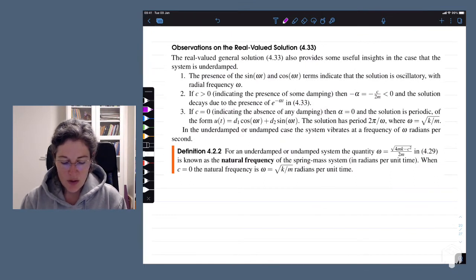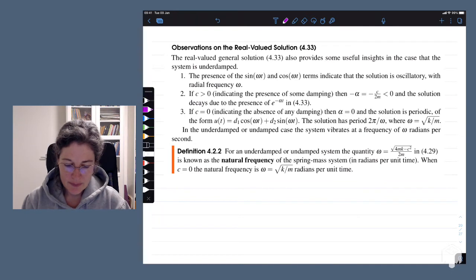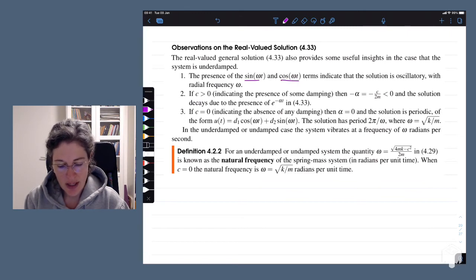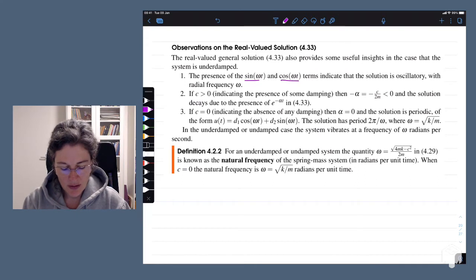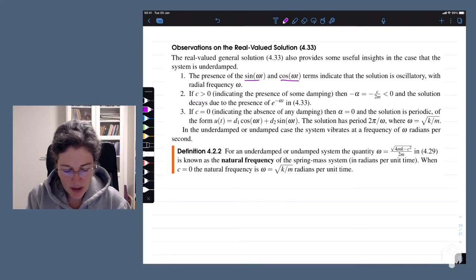So, things to think about based on our real valued solution. We can actually tell quite a lot. We've already said the presence of our sine of omega t and cos of omega t means that we have an oscillatory solution and that the radial frequency is omega. So the angular frequency, you might have called this.